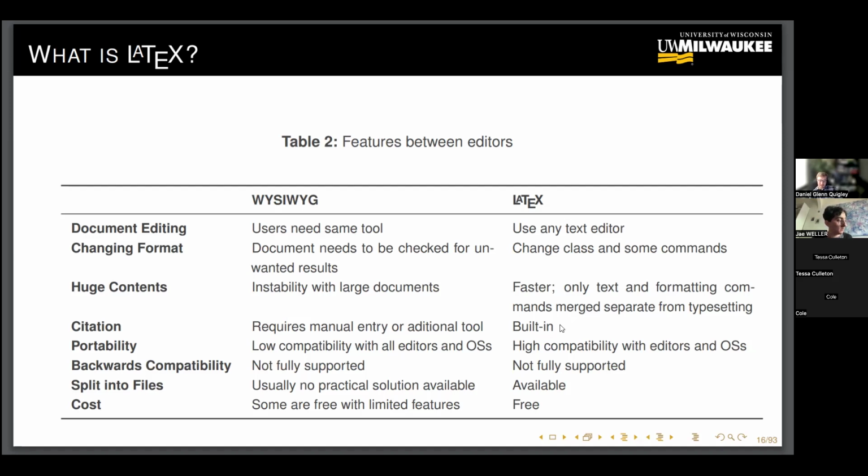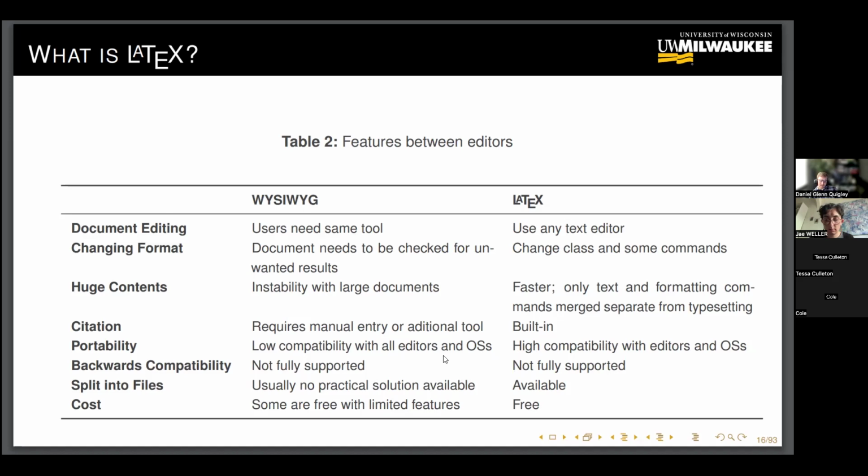Citation tools are built into LaTeX. For those of you that use programs like Zotero or any of those other bibliography management tools, there's a button there that says export to bib, and you can just upload that into your LaTeX file, and then everything's cited for you and everything's all right. LaTeX is highly compatible across editors and operating systems.